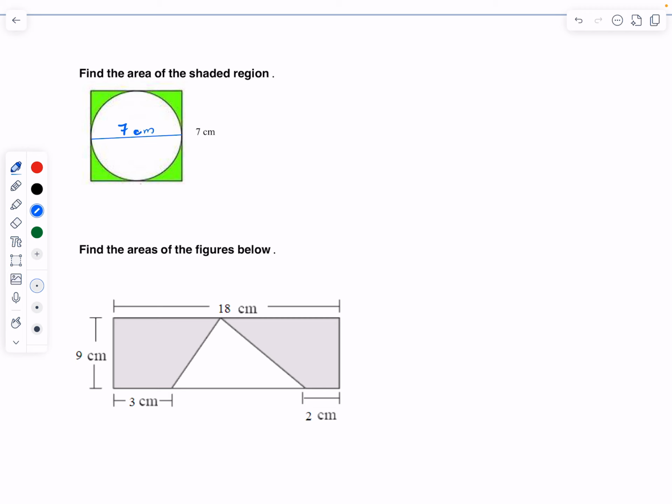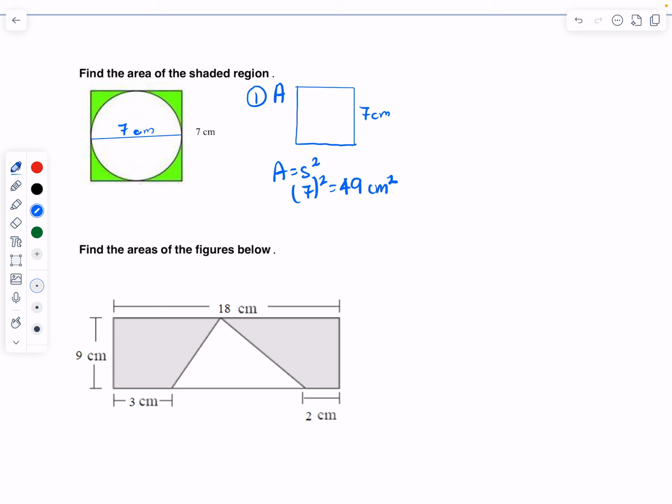Okay, so what I'm going to do is find the area of the square first. And remember, it's 7 centimeters. Okay, so to find the area of a square, I take the side and I square it. So 7's the side. I'm going to square that to get 49 centimeters squared.